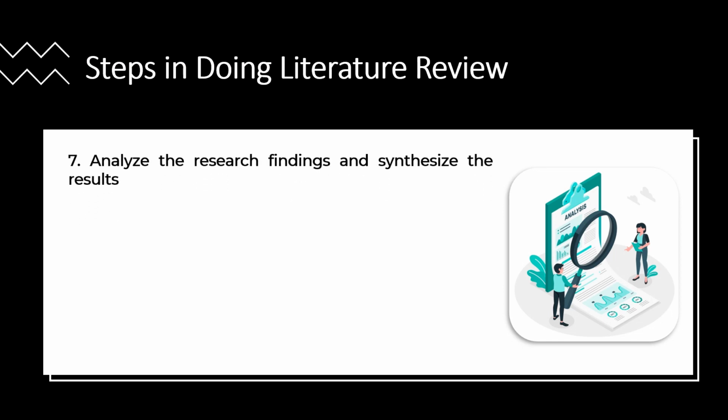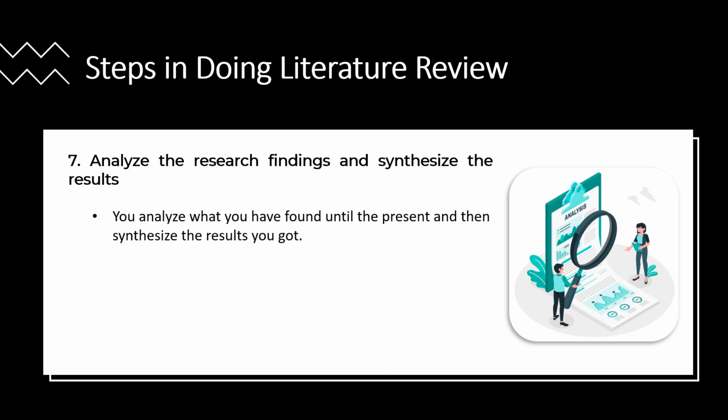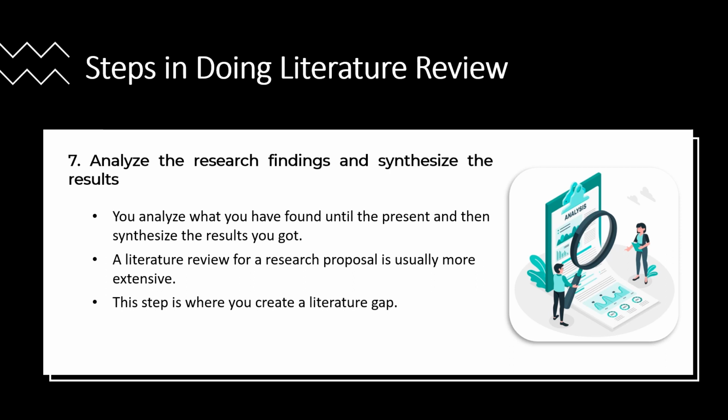Now, after doing all of those readings, you can now proceed to step number 7, which is analyzing the research findings and synthesizing the results. So you now analyze what you have found until the present and then synthesize the results that you've got. A literature review for your research proposal is usually more extensive because this is where you create your literature gap or your research gap.